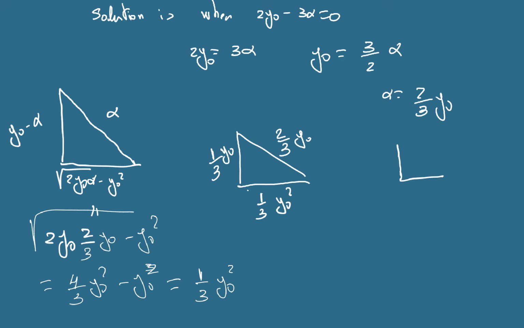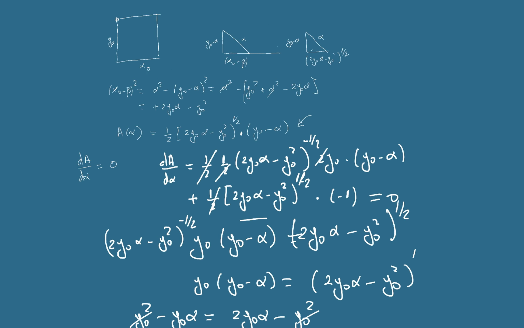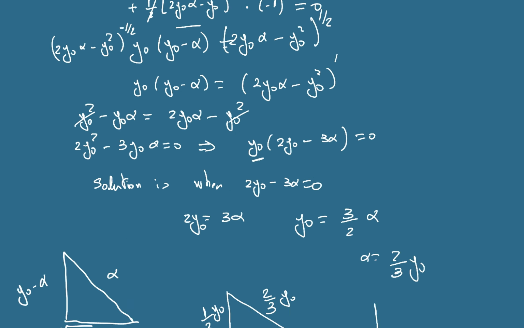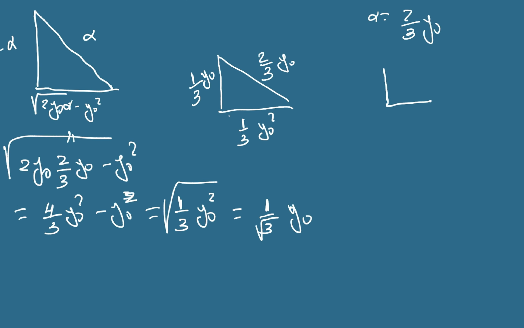Square root of this and a square root of this, which is 1/3 of y0. 1 over square root of 3 y0. Why? Because I didn't see carefully, this is x0 minus beta squared. So x0 minus beta, that is the side, is the square root of this. Sorry for the mistake. Now I think that is more clear.